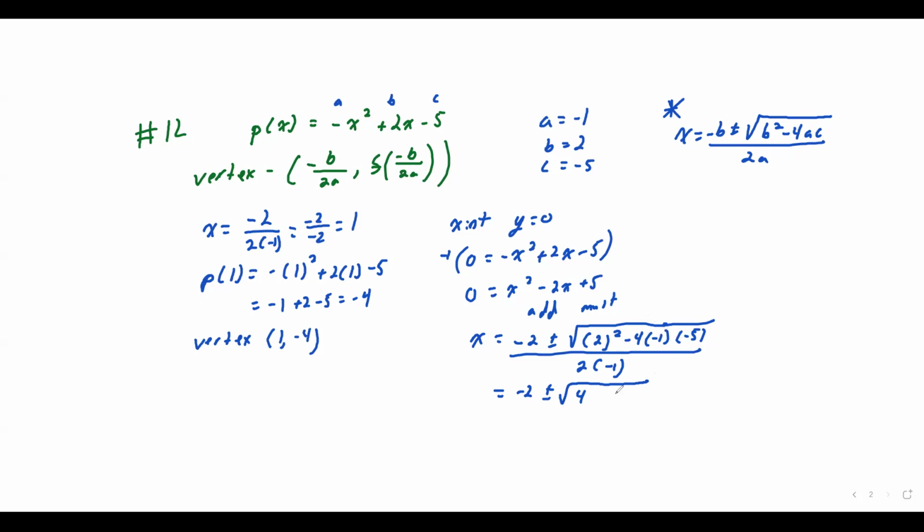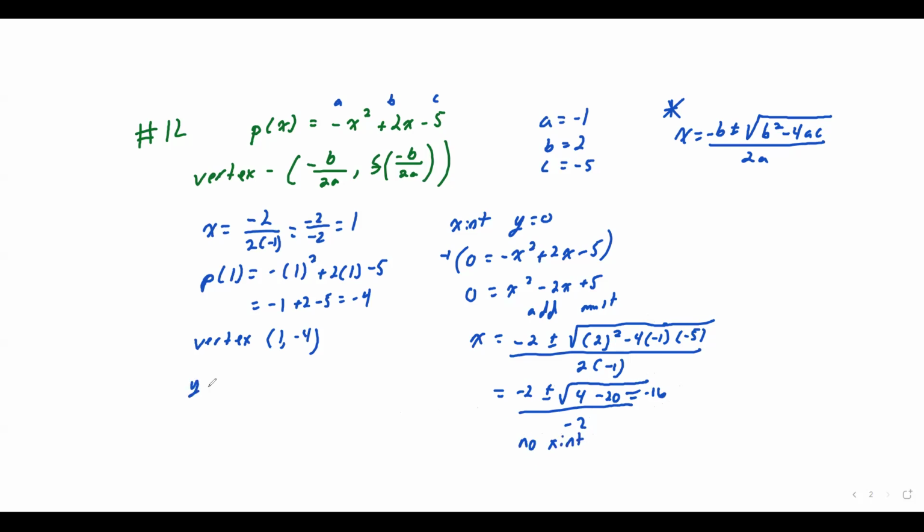Positive 4 times -5 will give me a -20, divided by -2. And you could probably stop here, because hopefully you're now noticing that 4 minus 20 equals negative 16, which will give you an imaginary answer. So there are no x-intercepts in this situation.